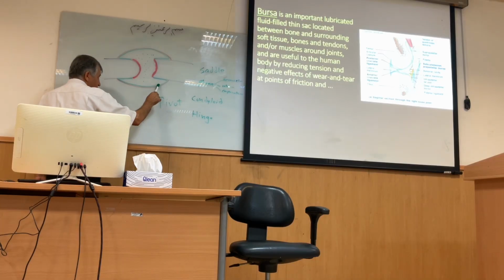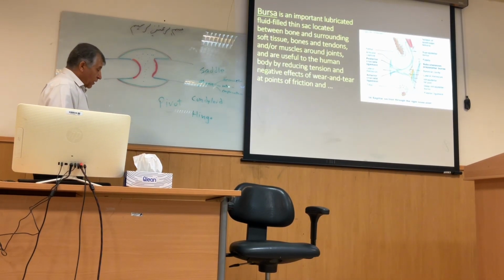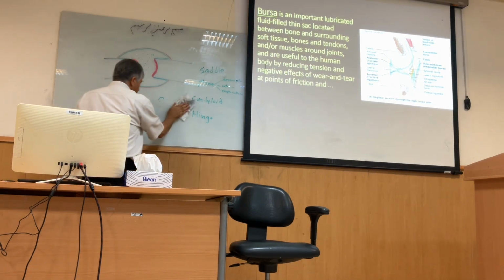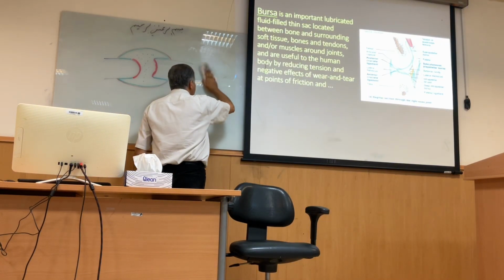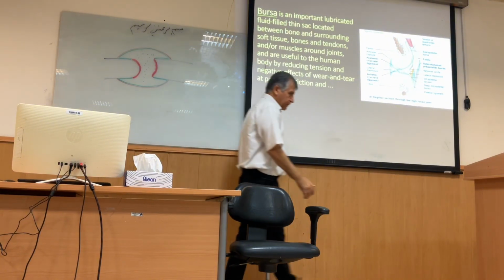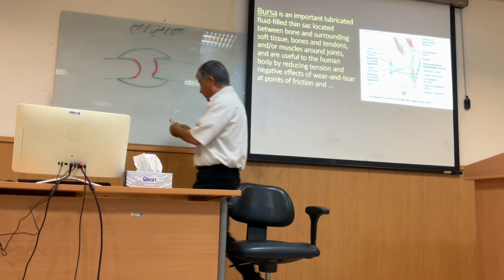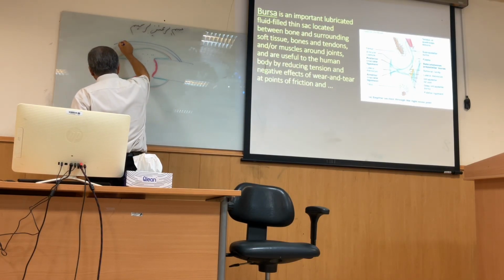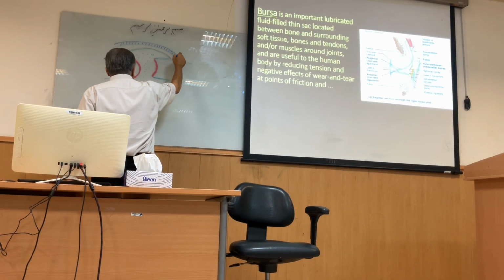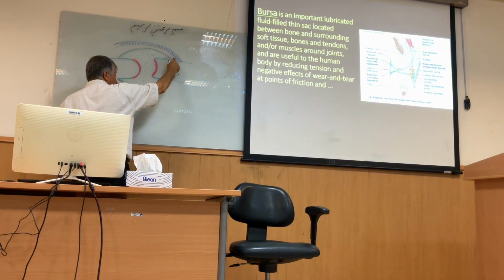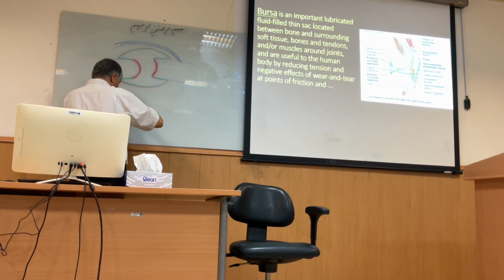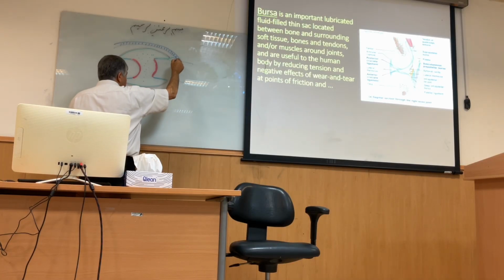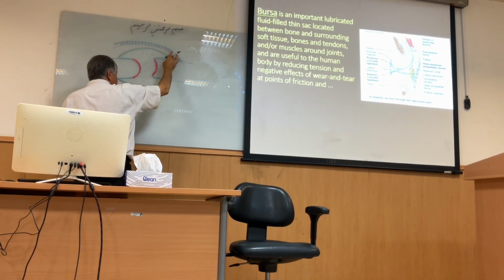What is this? The synovial membrane. This synovial membrane is important in the joint because this is the tendon of a muscle. The tendon of a muscle is injurable because it crushes against bone. For protection, a sac of the synovial membrane is produced and located between tendon and bone.